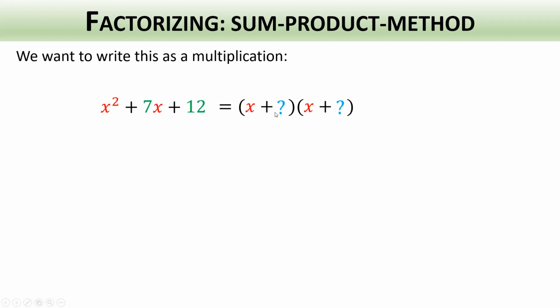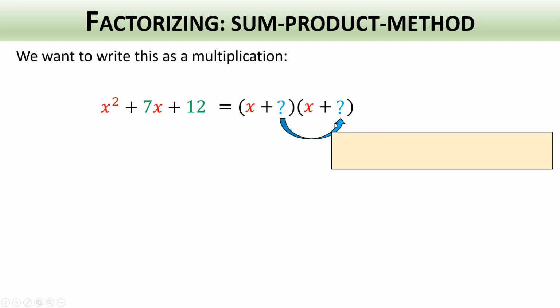X plus some number times x plus some other number. And the puzzle, and this often does feel a bit like a puzzle, the puzzle is to figure out which numbers need to go here in the place of these question marks. And we always get 2 clues in this puzzle. The first clue is that when we multiply these 2 numbers, we get 12.